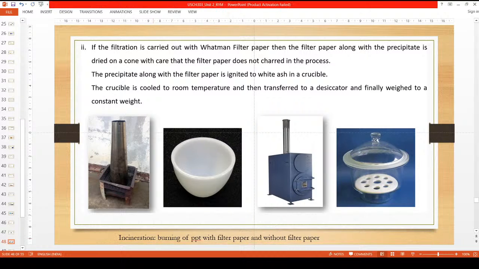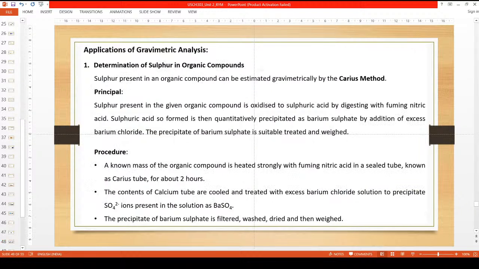Once you get the weight of your compound, the final step will be just weighing of your compound, and then equating it with the solution taken for analysis. Okay, so these are different steps involved in gravimetric analysis. Remember the points under each step carefully.